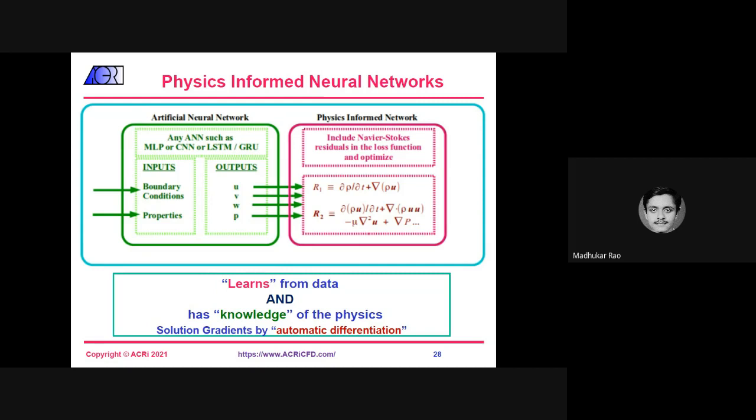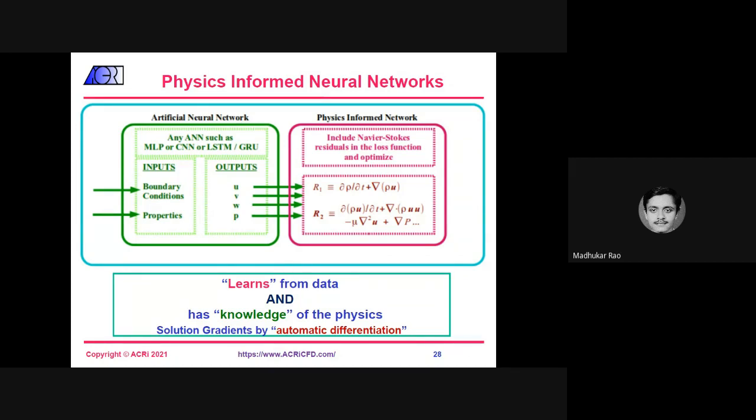Okay, so the physics-informed neural network is basically adding one more operation on top of a standard neural network. The neural network can be anything. It can take as inputs my boundary conditions and my fluid properties and so on, and it predicts as outputs all my field variables at all the x and y points that I want.